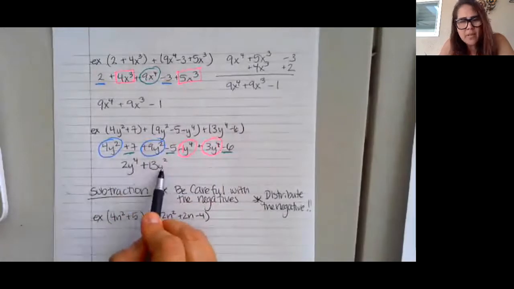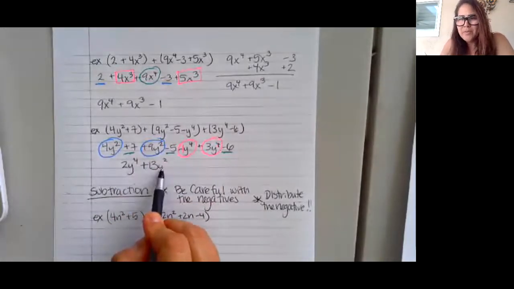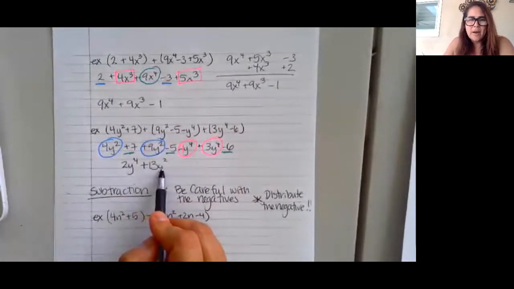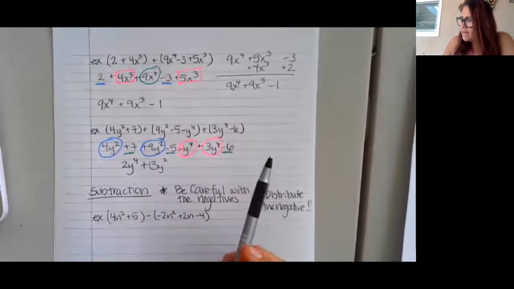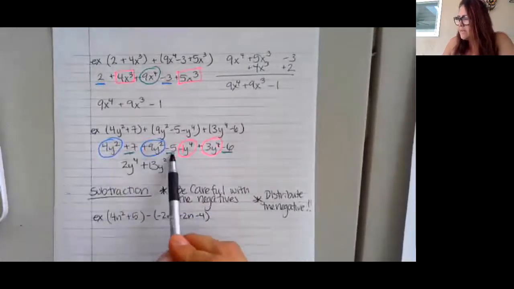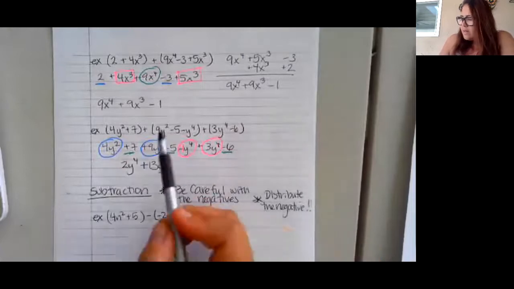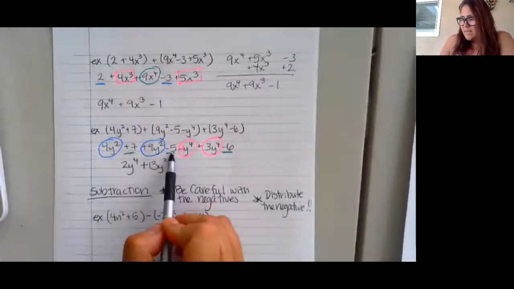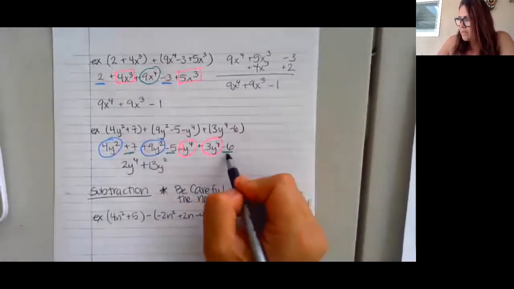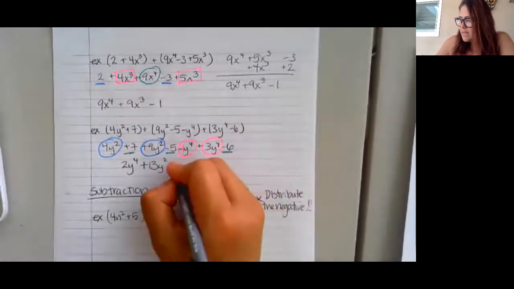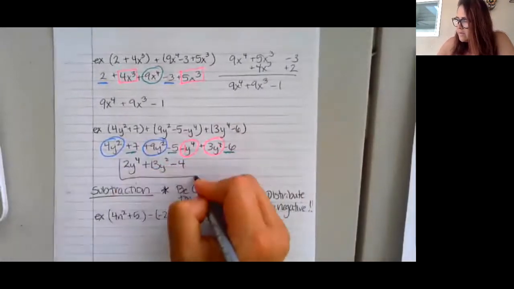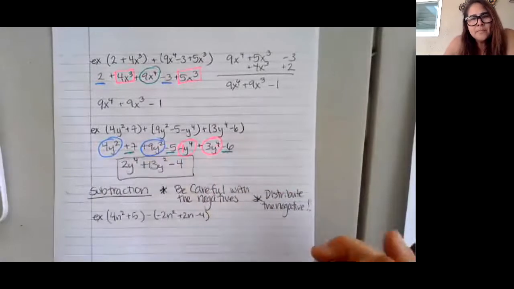Remember, you do nothing with your exponents and your variables. They stay the same throughout. And then I've got my 7, my negative 5, and my negative 6. So 7 minus 5 is a positive 2. And then you've got minus 6, which will get me a negative 4. And there is your answer.